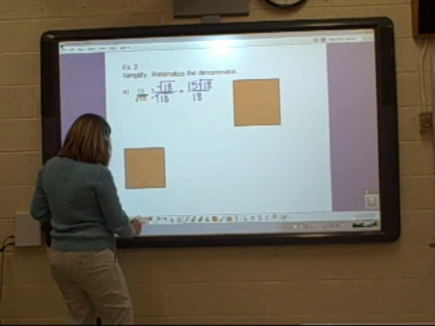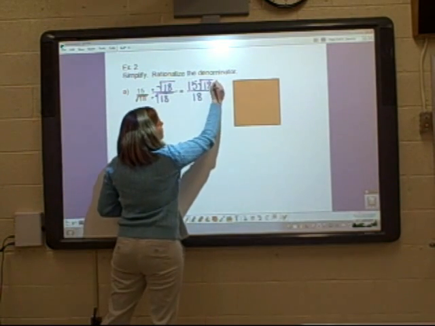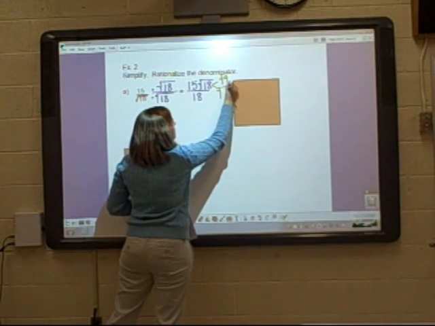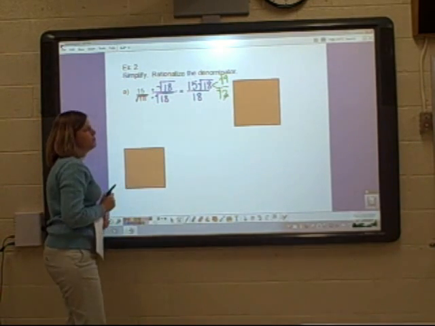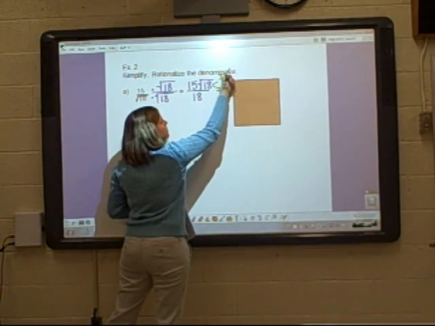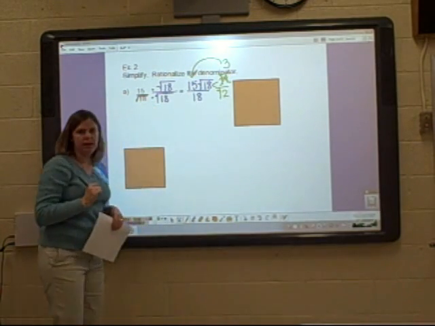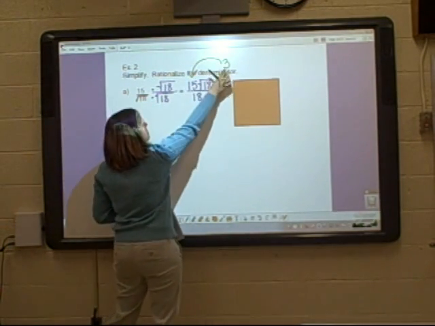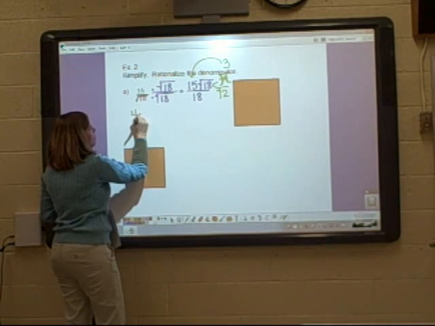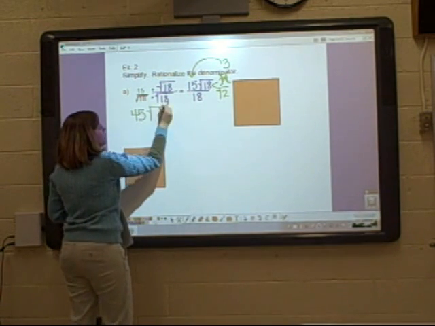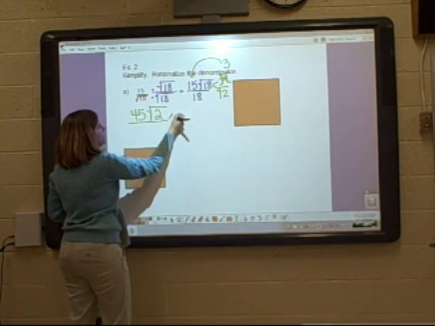And I know that the square root of 18 is root 9 times root 2. The square root of 9 is 3, which has to come to the outside. And 15 times 3 gives me 45. I've got a 2 left over, root 2, all over 18.